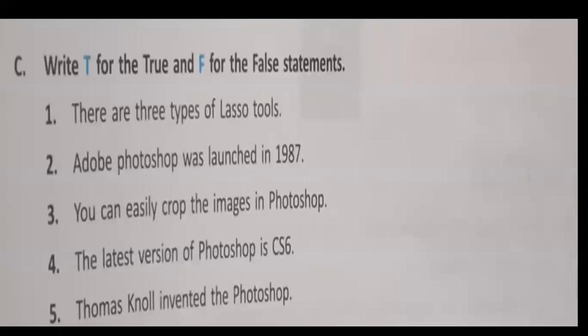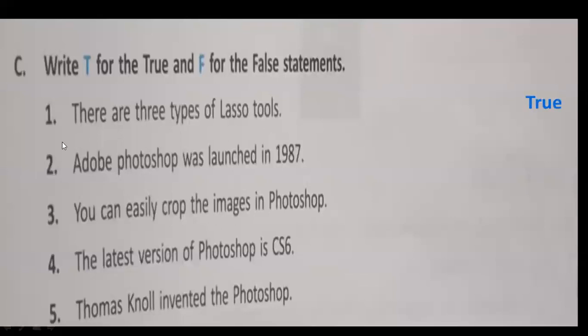I'm asking about the names of the lasso tool types. The third one is magnetic. So we have the lasso tool, polygonal lasso tool, and magnetic lasso tool, right? So that means they are 3 in number, so this answer will be true. Clear? Why is it true?